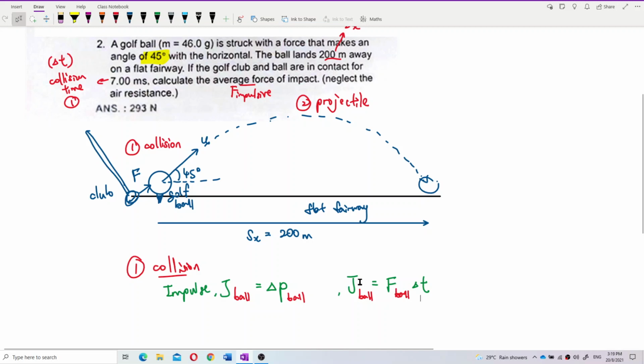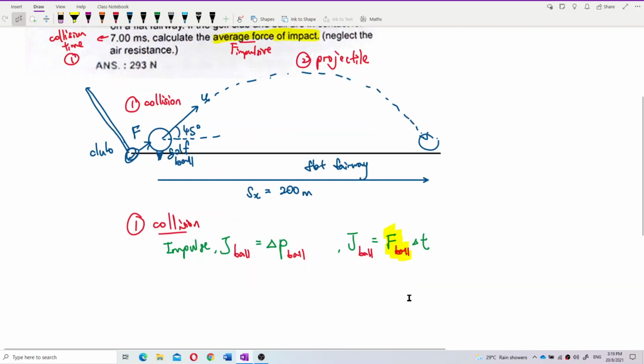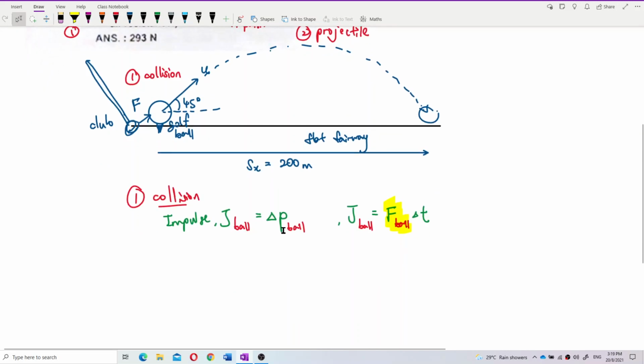Once we get the impulse on the ball, which is the change of momentum of the ball, we can find the impulsive force on the ball, the average force of impact, which is our target. So our target is the force on the ball. Very simple.